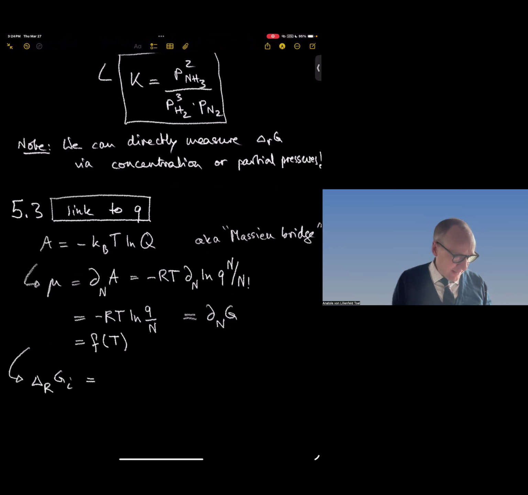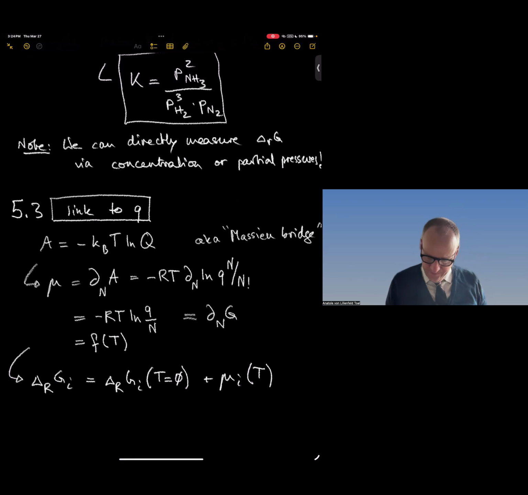We can write it as a reaction energy of that component at T equals 0 plus the temperature dependent contribution for the chemical potential. And this would hold for all components I.